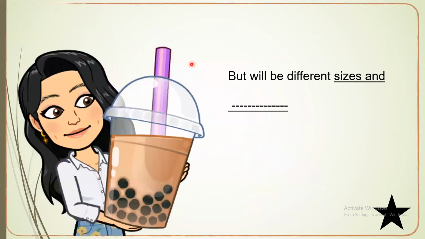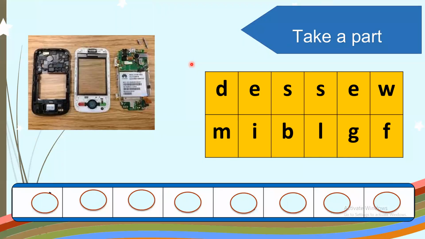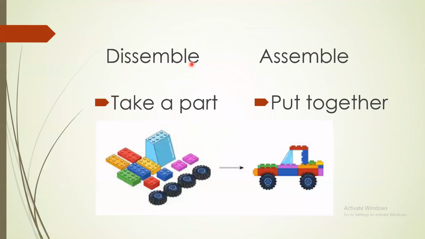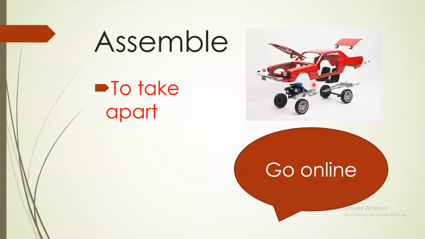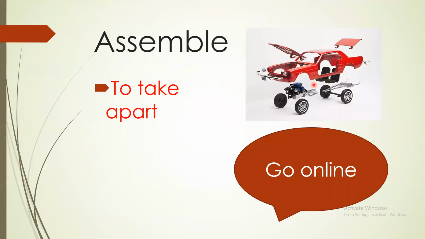Okay. And also in this lesson, we learned two words: assemble and disassemble. We said that assemble means put together. Assemble means what? Put together. But disassemble means taken apart.